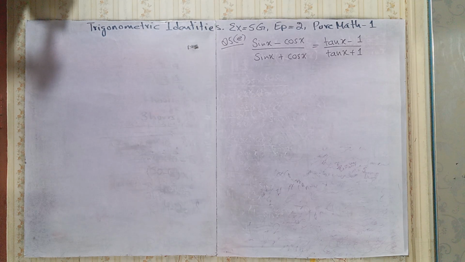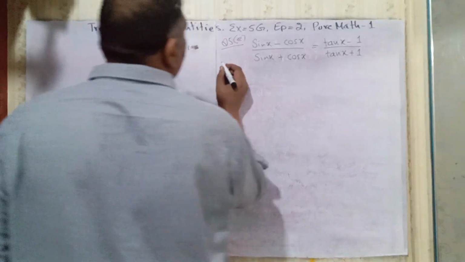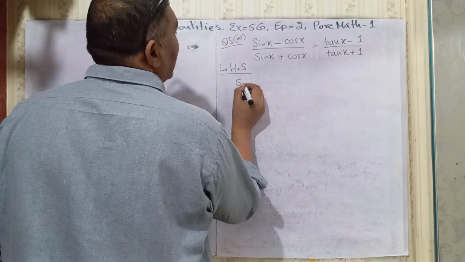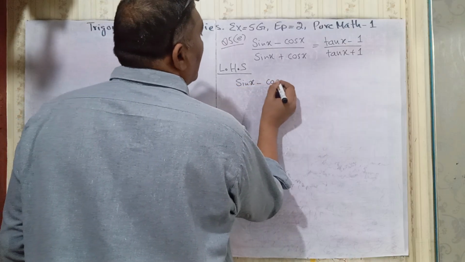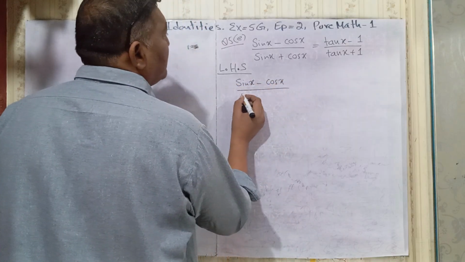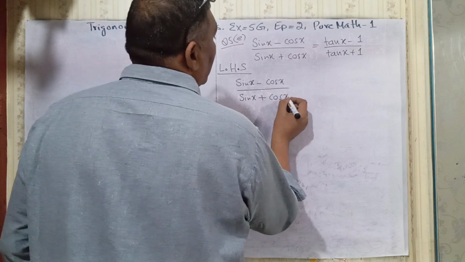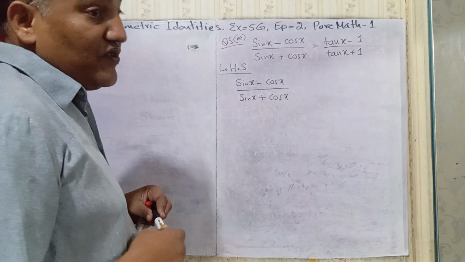Question number 5, E part. So I can consider the left hand side. Let's consider the left hand side. That says sin x minus cos x divided by sin x plus cos x. Okay, so you see a very unusual thing I will do.